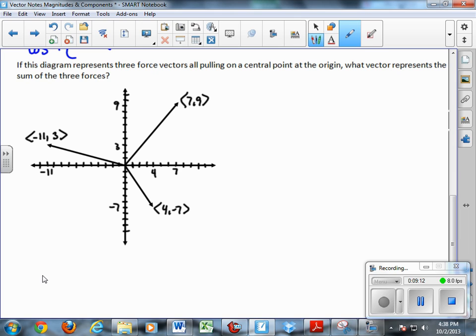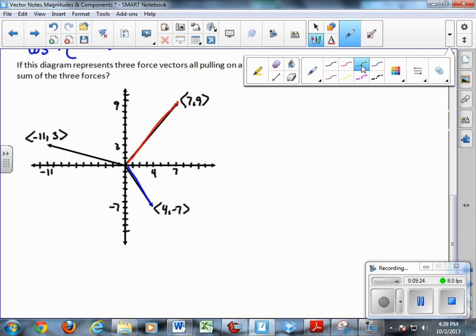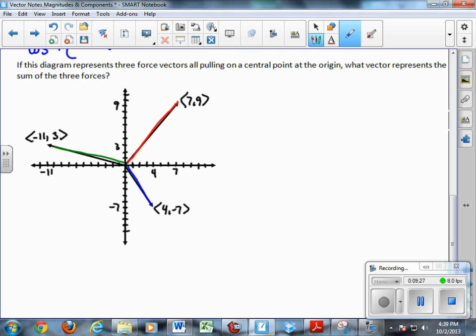If I were to take each of these individual vectors and add them together, remember, I can position them tip to tail. So I could take the blue vector and add it to the red vector, then take the green vector and add it to the blue vector. And it looks like my resultant vector is going to be going pretty much straight up. So that's what it looks like is supposed to happen. We'll find out if that's what does happen.